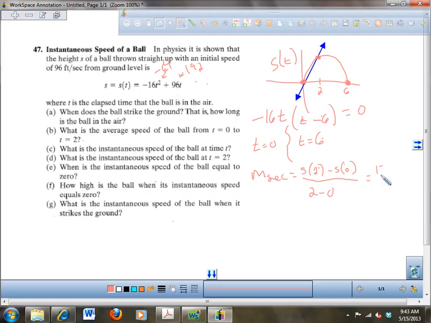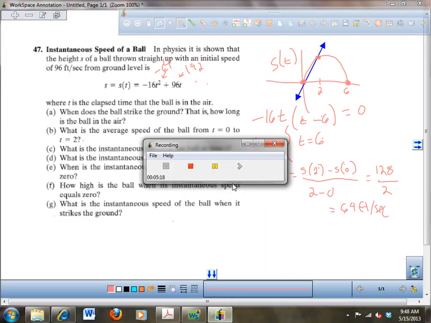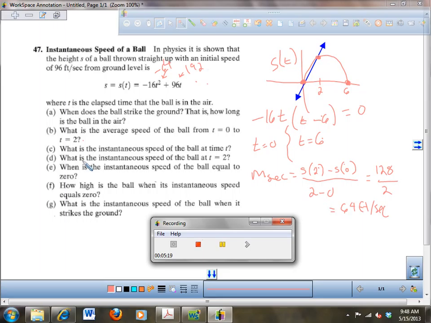You get 128 divided by 2, which is 64 feet per second. So the next one asks, what is the instantaneous speed of the ball? In that case, that's at t equals 2. Oh no, at time t.